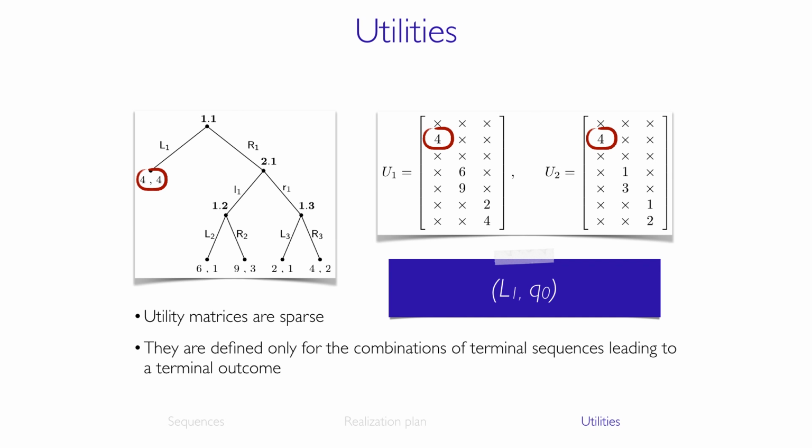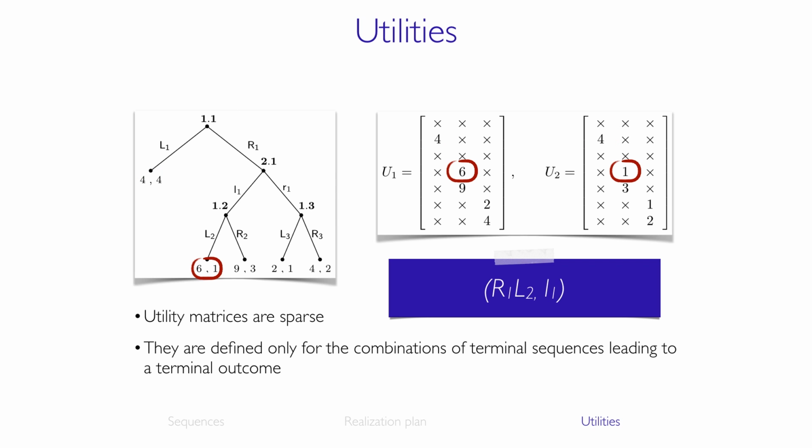We focus on the utilities. In the sequence form, the utility is represented in sparse fashion. The utility is defined only for the combination of sequences that lead to an outcome. Consider, for instance, the example in the picture. The profile uppercase L1, empty set leads to 4, 4. No other combination of the empty sequence for player 2, with the other sequence of player 1, leads to an outcome.